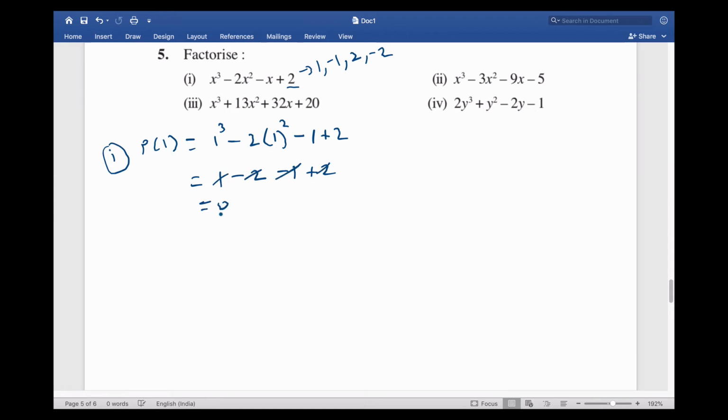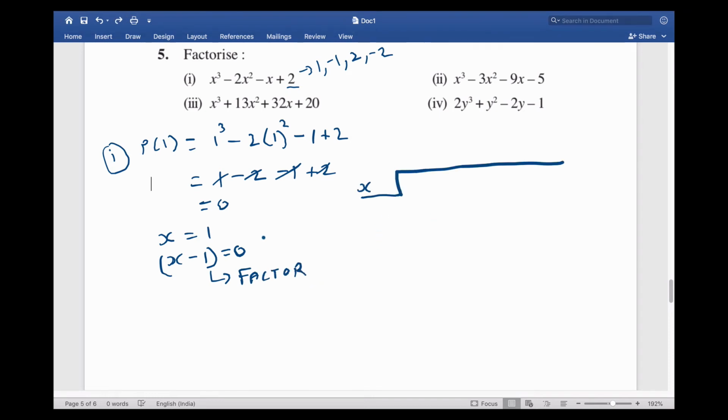I'm left with 0. So that means x equal to 1 is actually one of the zeros of the polynomial. So that means x minus 1 equal to 0 is actually a factor of this polynomial.